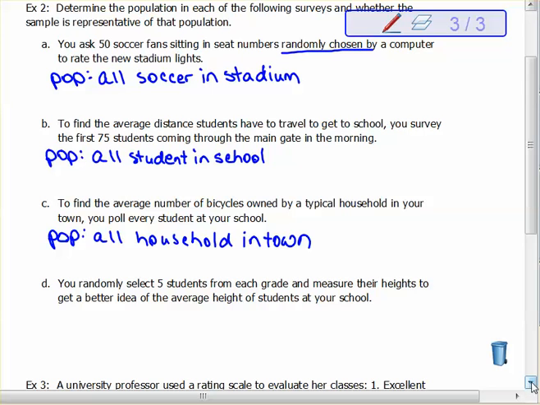Okay, lastly, here in this question, it says you randomly select 5 students from each grade and measure their heights to get a better idea of the average height of students at your school. So, again, let's look at the population here. The population is going to be all of the students at our school. That's what we're wanting to find out about.